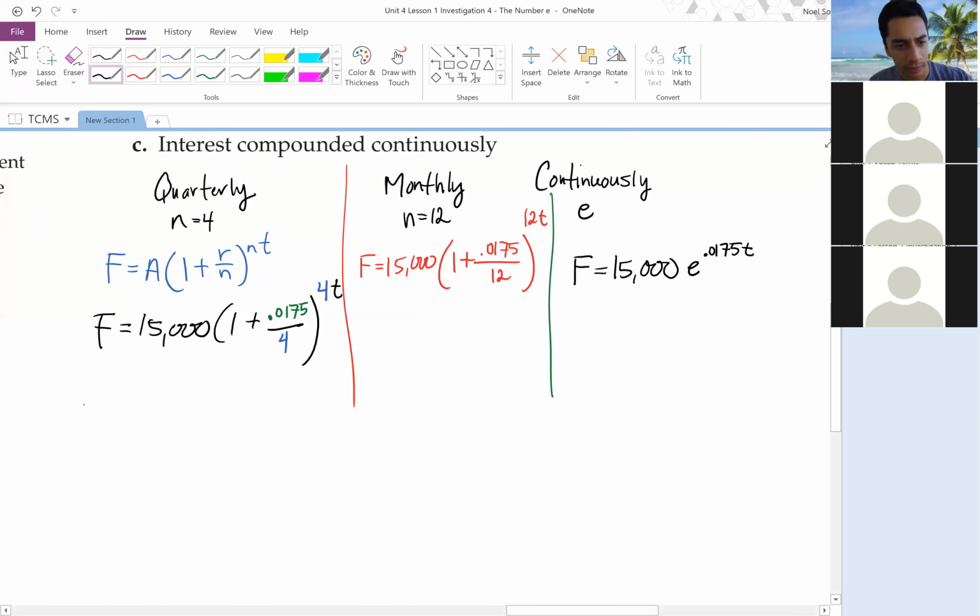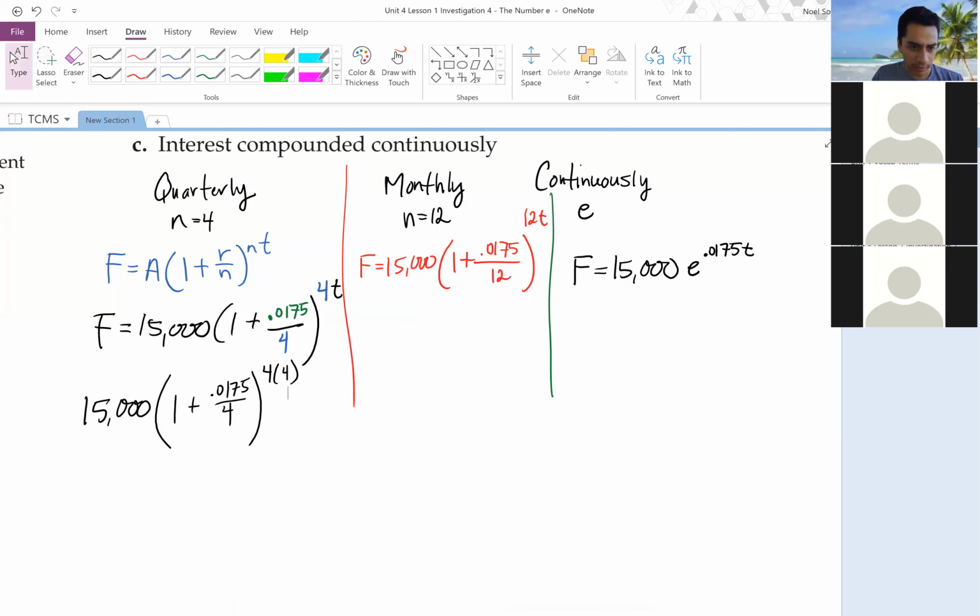So final value will be 15,000 times 1 plus 0.0175 over 4 to the, in this case, 4 times 4, right? 4 years. Okay, so real quick, let's jump over to decimals, see what we get there. So 15,000 times 1 plus 0.0175 divided by 4 to the 4 times 4.